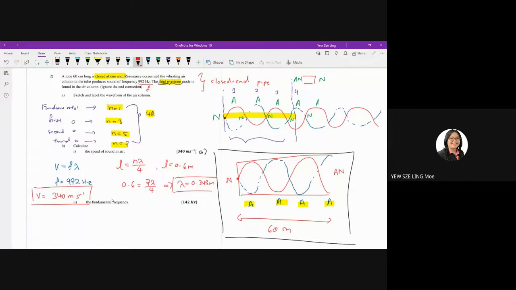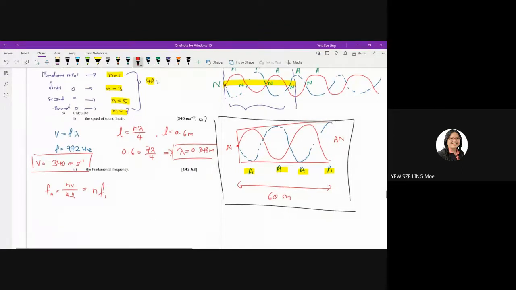The fundamental frequency. For fundamental frequency, you have two equations: either fn equals nv over 4L, or fn equals n f1, where f1 is the fundamental frequency. The question asks us to calculate the fundamental frequency, given the frequency for the third overtone, which is f7, equals 992 Hertz.